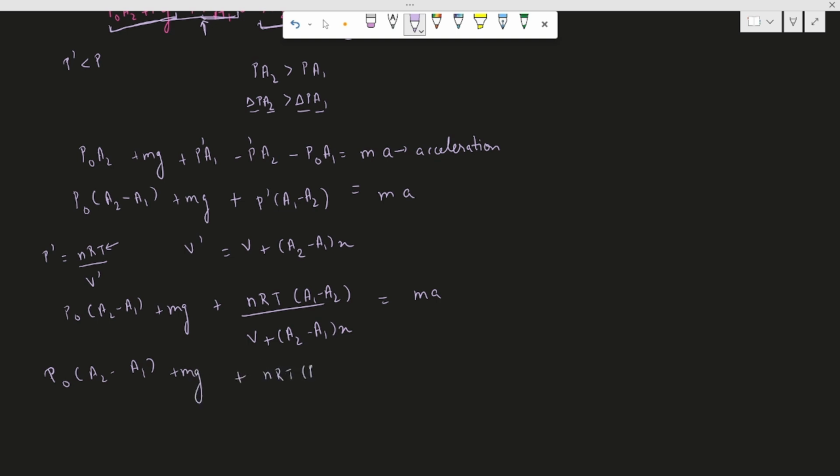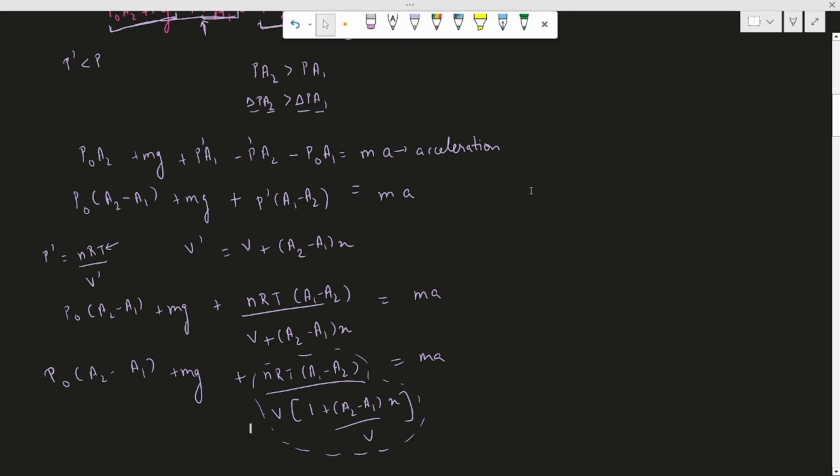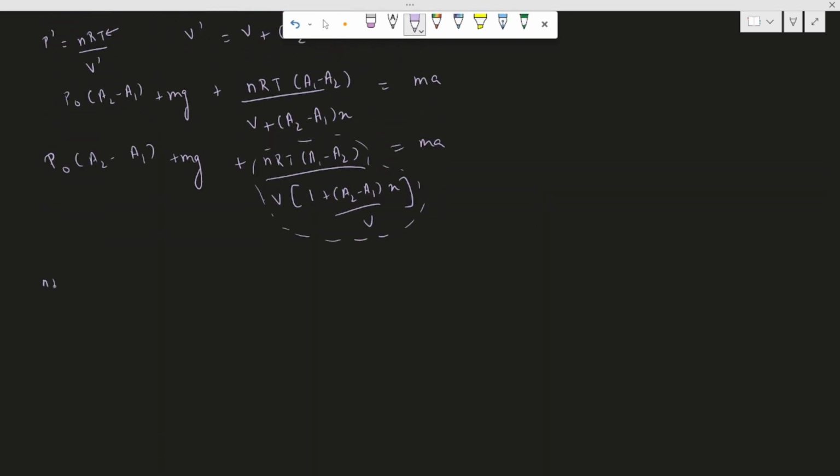Now I can take V common, so inside the bracket will be 1 plus (A2 minus A1) x by V, and this quantity I can write as nRT (A1 minus A2) by V into, I can bring this in the numerator and write power as minus 1. And we have studied the concept of binomial approximation.